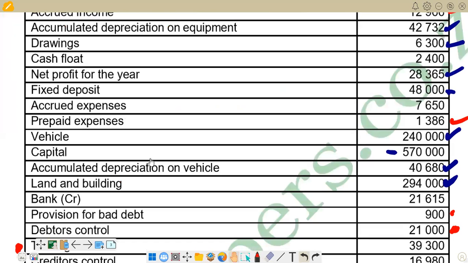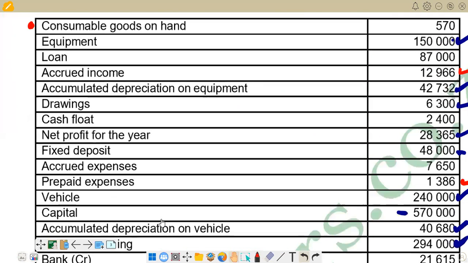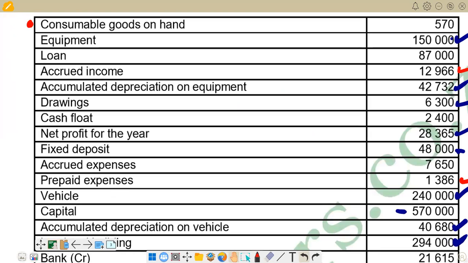Here we have a cash float representing our cash and cash equivalents, which is 2,400.